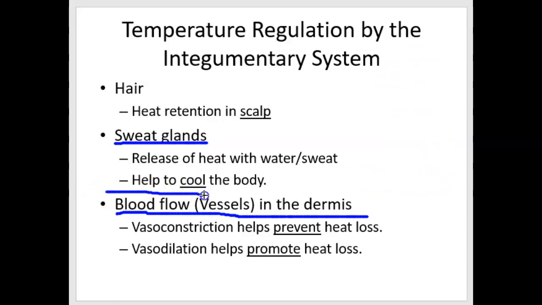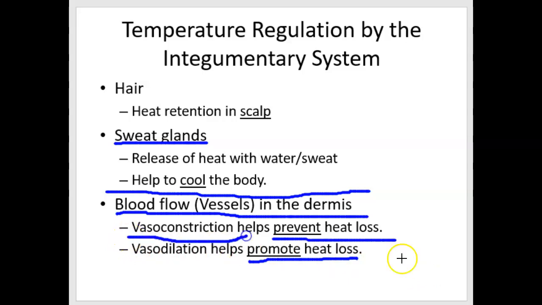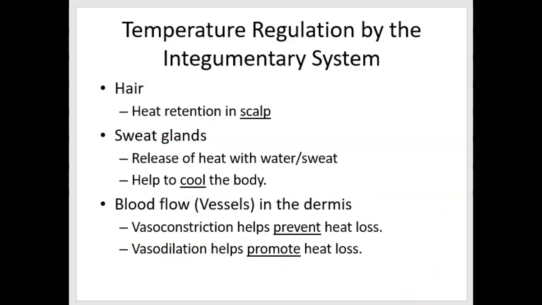Now, the vessels can help with cooling the body or preventing heat loss, either way. So promoting heat loss to cool the body or preventing heat loss to retain heat. And the way they do this is by constricting and dilating. So vasoconstriction means that the blood vessel will become narrower, and vasodilation means that the blood vessel will become wider.